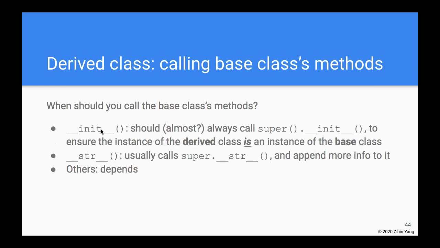So the general rule of thumb is that for Dunder Init, you should probably always call super Dunder Init, so that the base class's Dunder Init has a chance to initialize everything that it needs, right? Because the instance of the derived class must be an instance of the base class. So pretty much you would always want to do that.